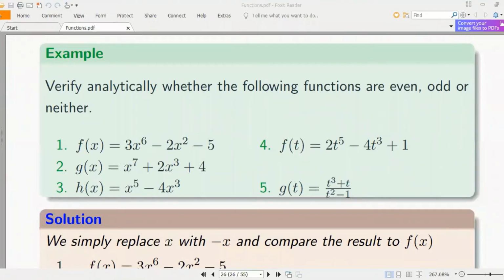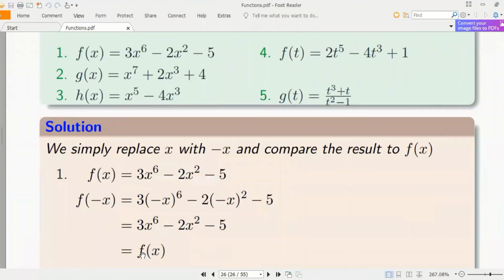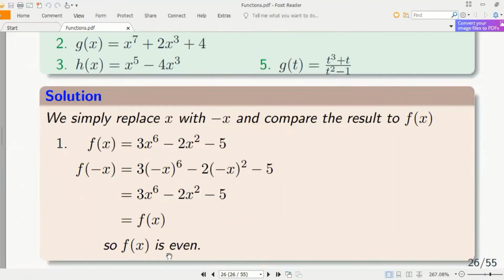That's what I've done here. I've said that we simply replace x with negative x and compare the result to that of f of x. So when I do that, f of x is here, f of negative x is this, and you can see that this is the same as f of x. And so what is my conclusion? That f of x is even.